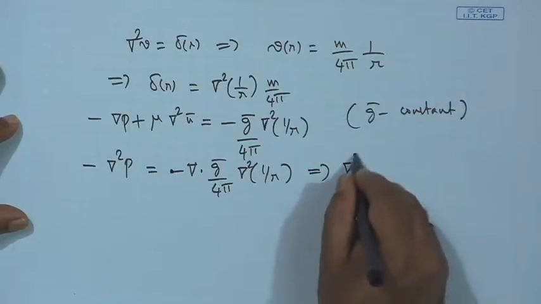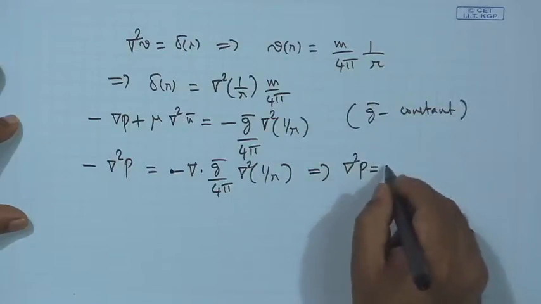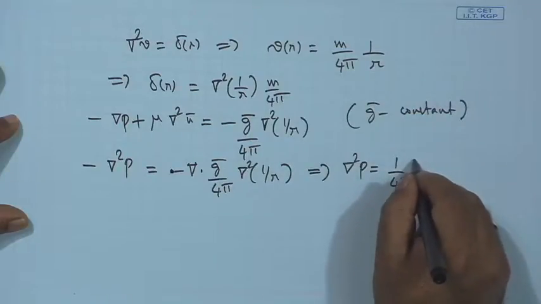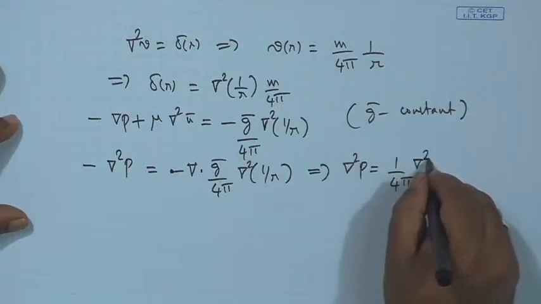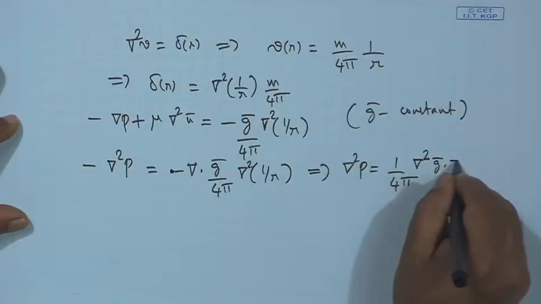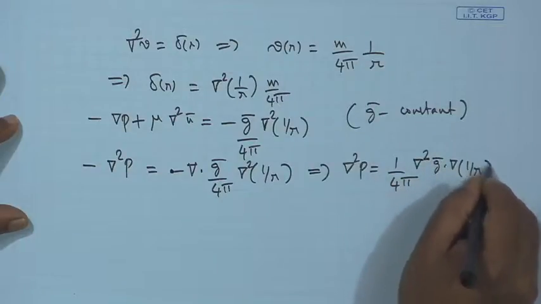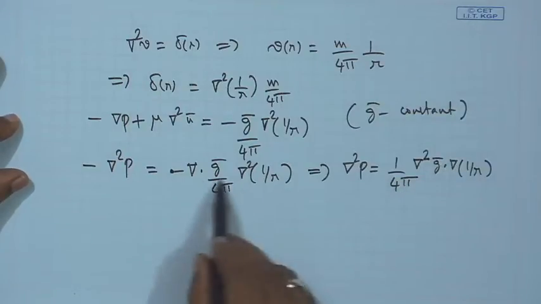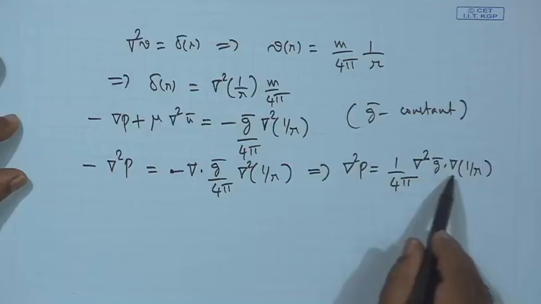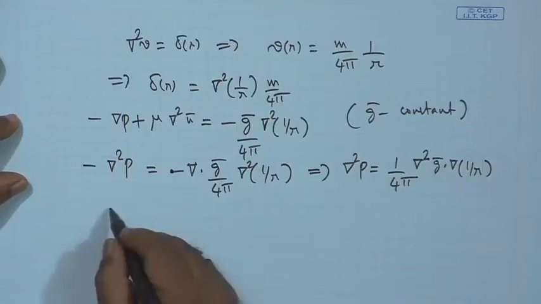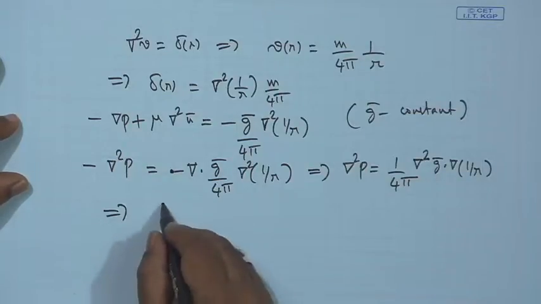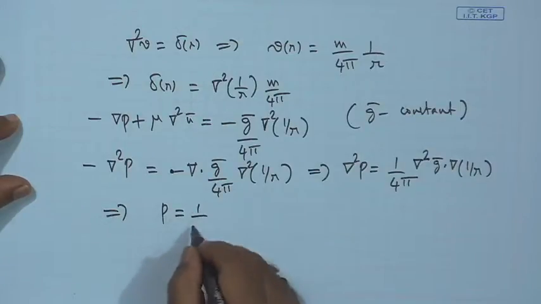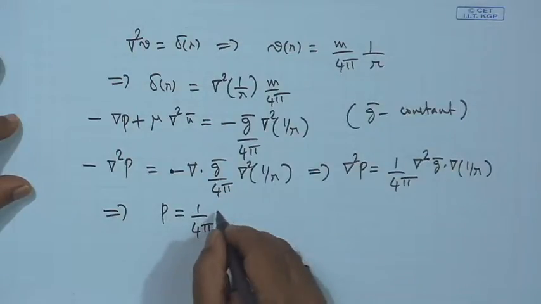is del square p is 1 over 4 pi del square. So, I have used a vector identity, simply you can use this vector identity. So, very straightforward. So, this implies p equals 1 over 4.